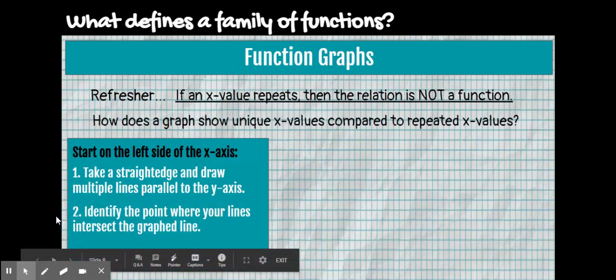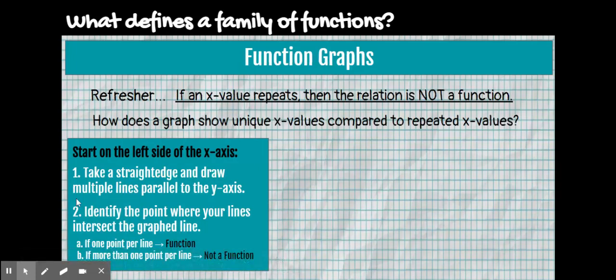We're going to identify the point where our vertical line intersects the graphed line. Here's the kicker. If your vertical line intersects the graph line at one point, it's considered a function. If your vertical line intersects it at more than one point, that's when it's considered not a function.